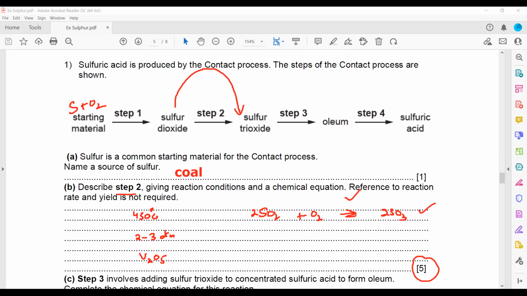So just mention temperature around 450, pressure is 2 to 3 atm. You can mention 1 to 5 atm as well. Then vanadium pentoxide as the catalyst, and the equilibrium arrow, showing a reversible reaction, should be there, that will give you 1 mark, and formation of sulfur trioxide will give you the last mark.